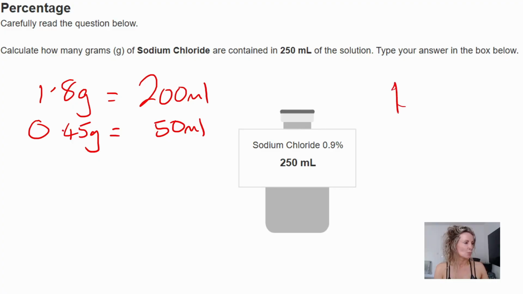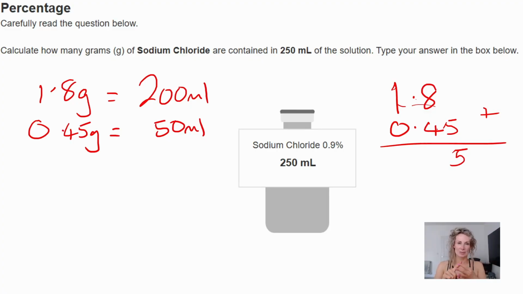So 1.8 added to 0.45. Remember, when you're adding decimals together, make sure you line the decimal points up. Okay? Most important thing, line up your decimal points and the answer will be right. 5 added to nothing is 5. 8, 9, 10, 11, 12. 2 down, 1 up.